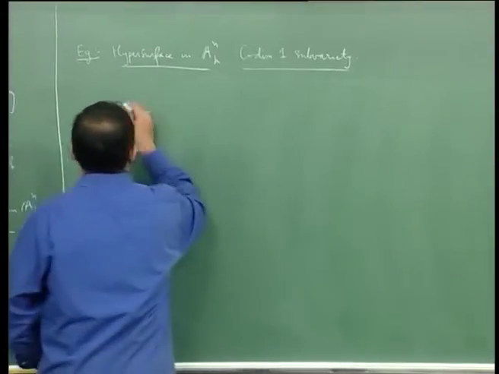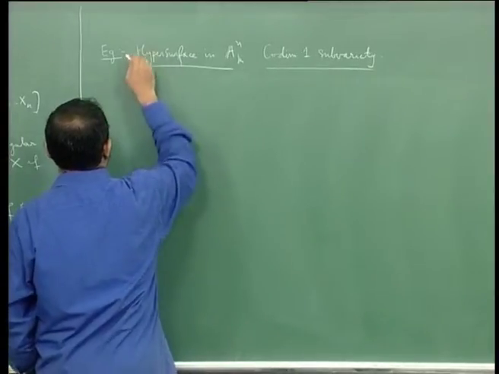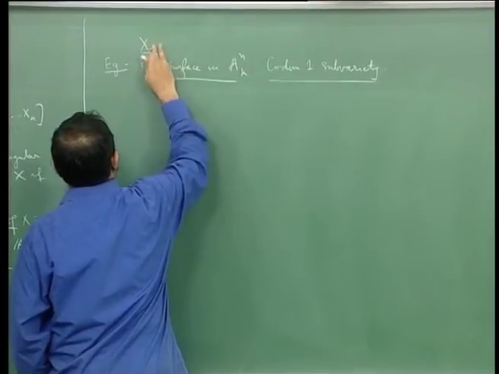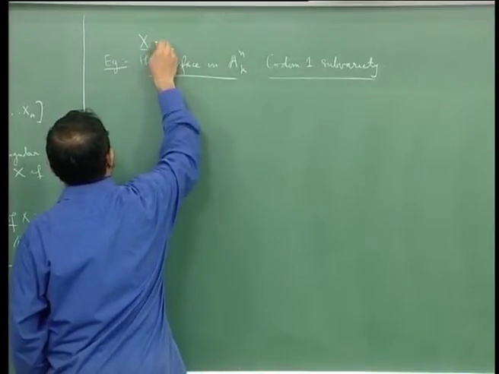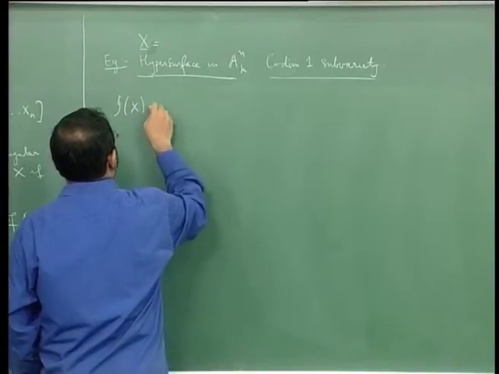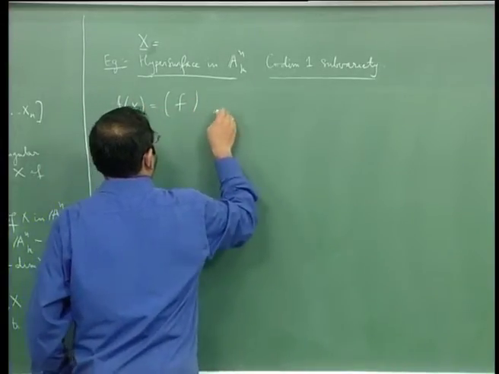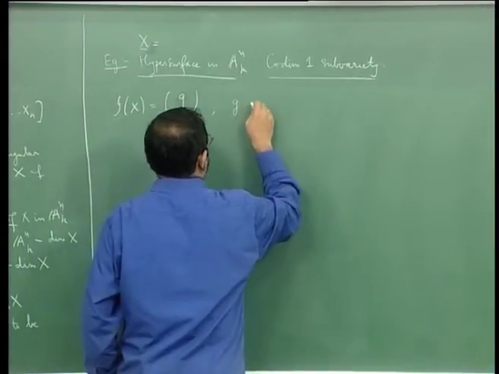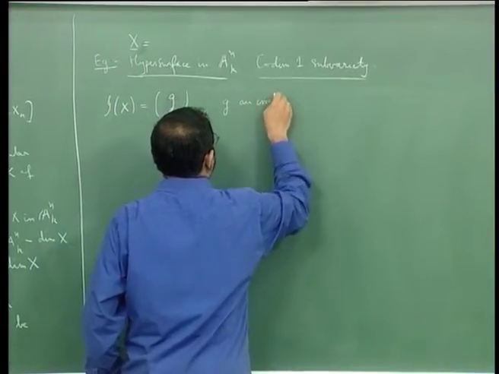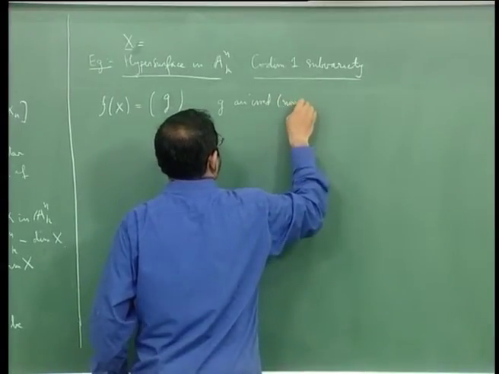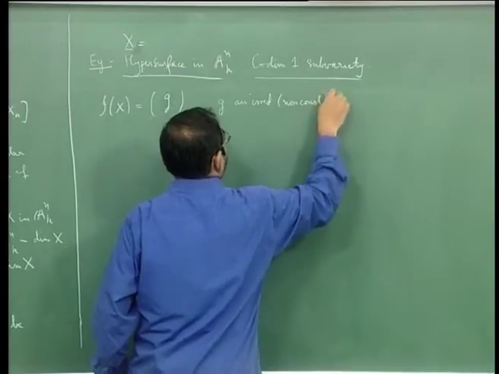So if I call this X, a hypersurface in A^n, the ideal of X is generated by G, an irreducible non-constant polynomial.